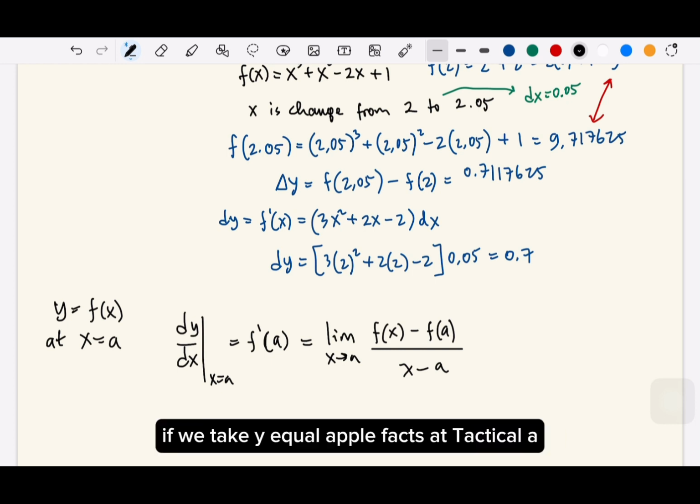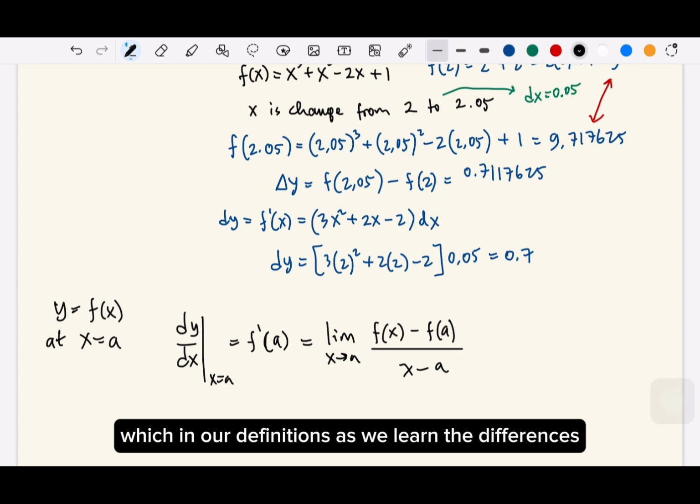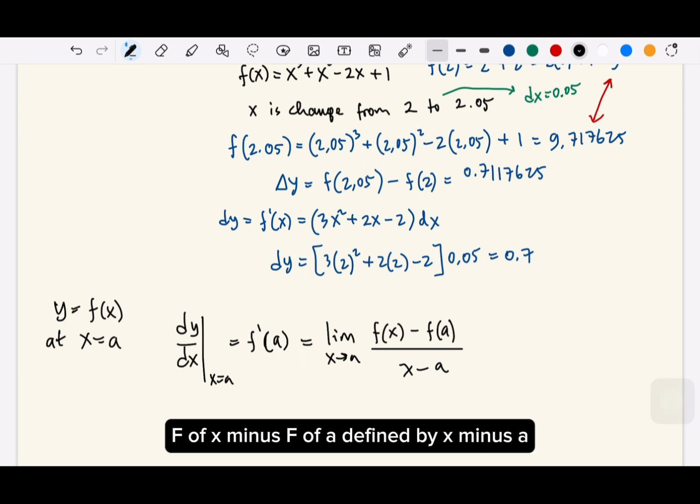If we take y equal f of x at x equal a, and we want to take the derivative and then put x equal a inside, we get f prime a, which in our definitions, as we learned the derivative, is actually the limit as x gets closer to a of f of x minus f of a divided by x minus a.